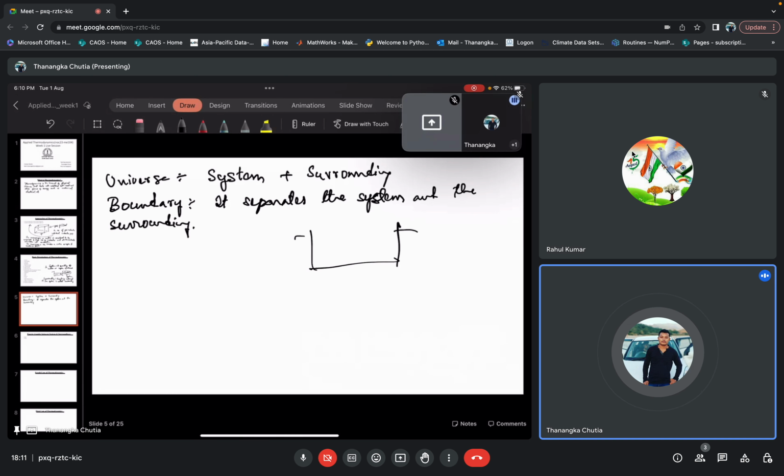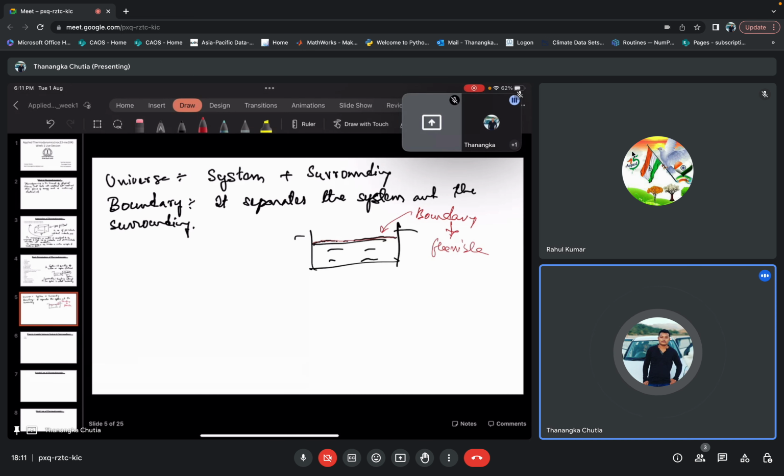So this interface of the water may be considered to be a boundary, and if I am taking this as my boundary, in this case my boundary is basically flexible, because whenever I look at it after boiling, it will be decreasing, isn't it? So in this case my boundary is flexible.